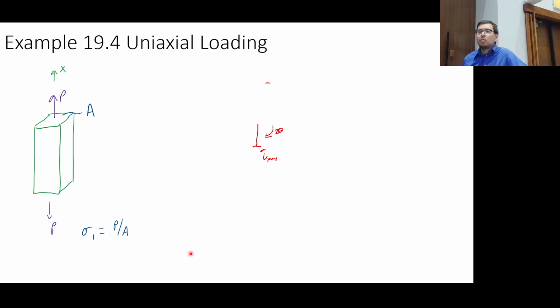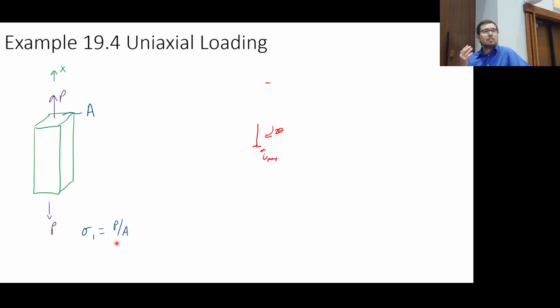So what is the state of stress if I have X in that direction? I need a coordinate system mapped to a structure now. So what's the state of stress? What are sigma x, sigma y, and tau xy? Sigma x is P over A and 0 for the other two. Yeah, and 0 for the other two, right?